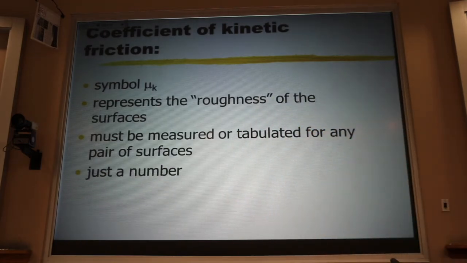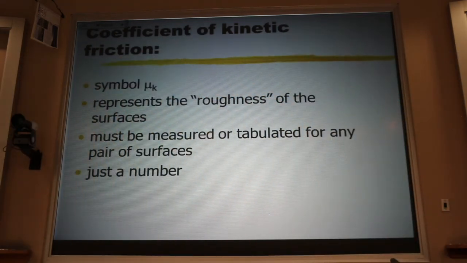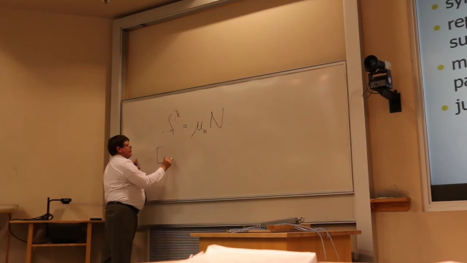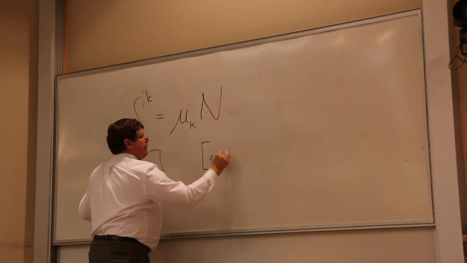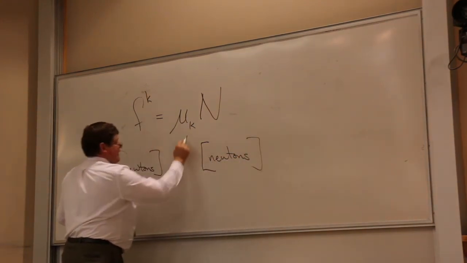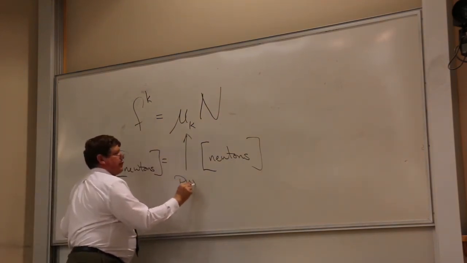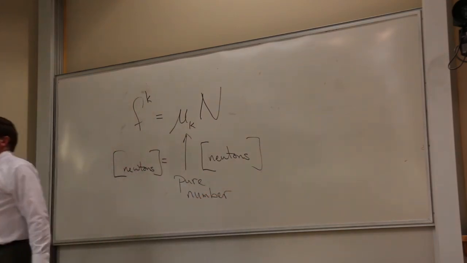Now, this coefficient is just a pure number. If I look at the equation for this friction force, kinetic friction is equal to mu sub k times the normal force. Now the friction is measured in newtons, and the normal force is measured in newtons. And that means if this equal sign is going to be valid, this coefficient is a pure number with no units.